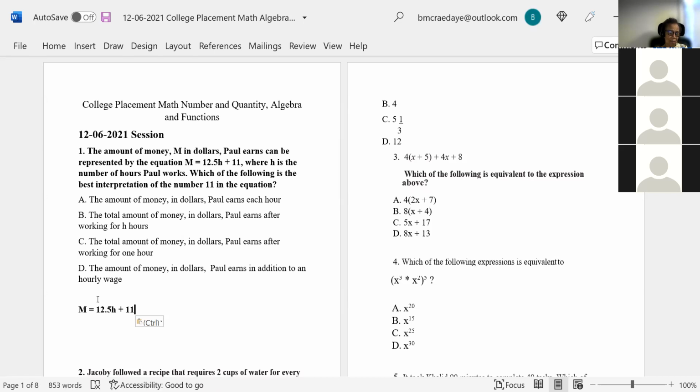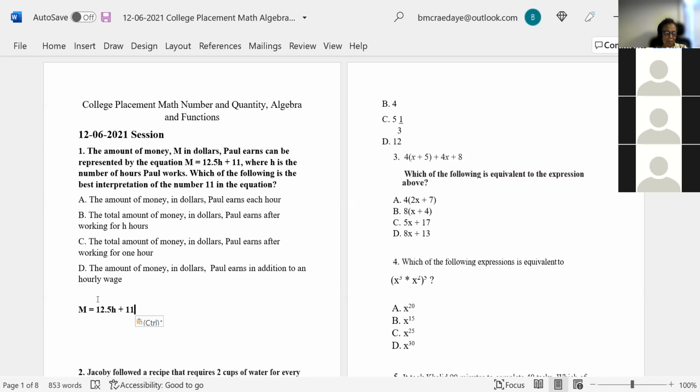Well, M is the amount that he makes, but it's divided into two parts, 12.5 times H. The 12.5 is his hourly rate. H is the number of hours he worked. And onto that, we add 11. What do you think that 11 represents?